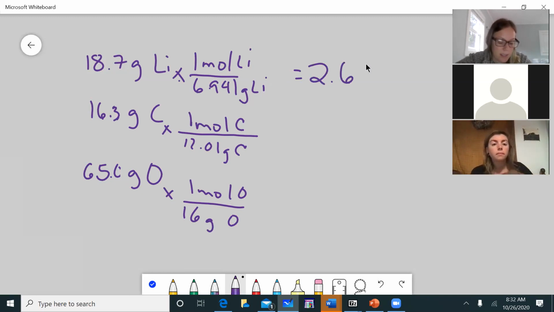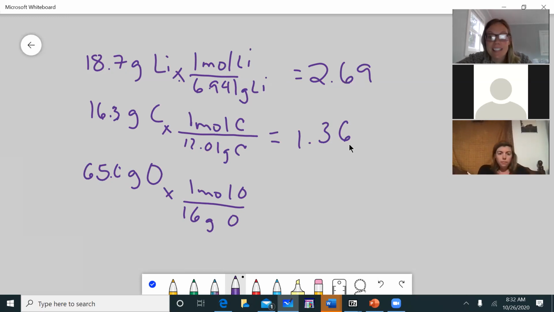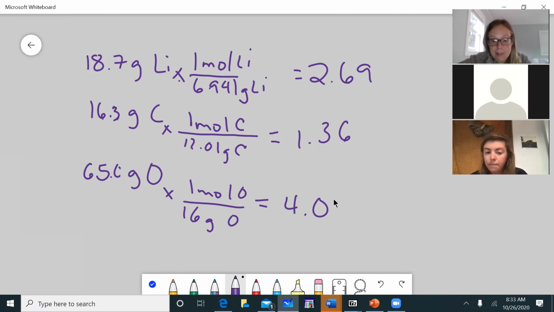I got 2.69 here, 16.3 divided by 12.01 is 1.36. If your numbers are slightly off, like 1.37, that's okay. The 65 divided by 16 gives us 4.06, something like that.